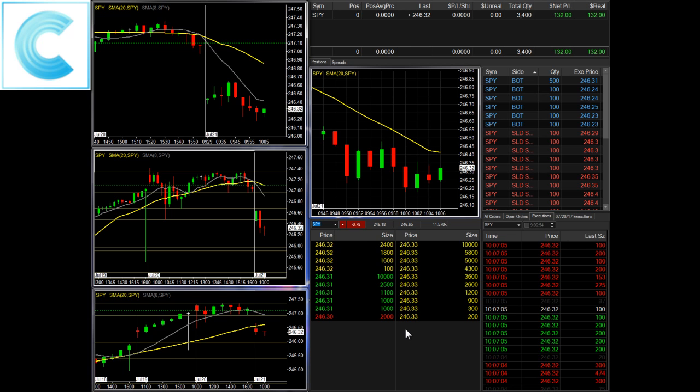All right, so I'm not seeing a whole bunch of conviction on either side. Actually, we'll see. We'll keep an eye on this candle here. If this candle doesn't get retraced, all right. So perhaps nothing to watch there.